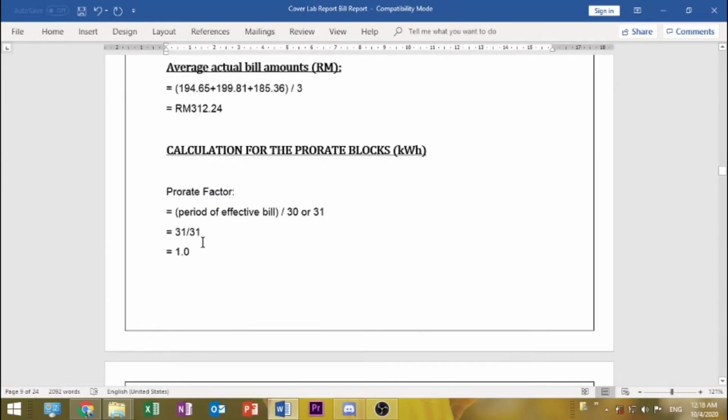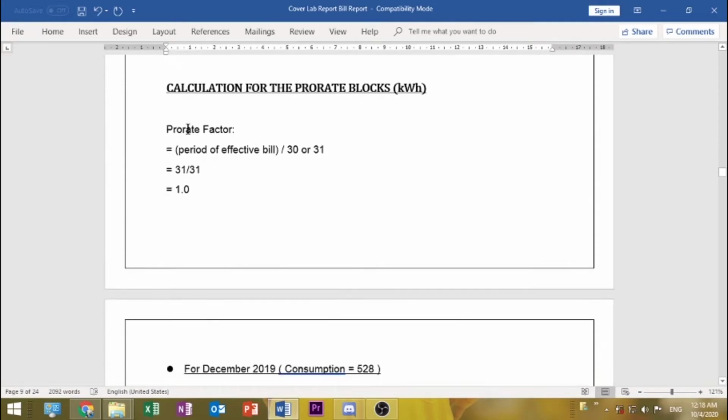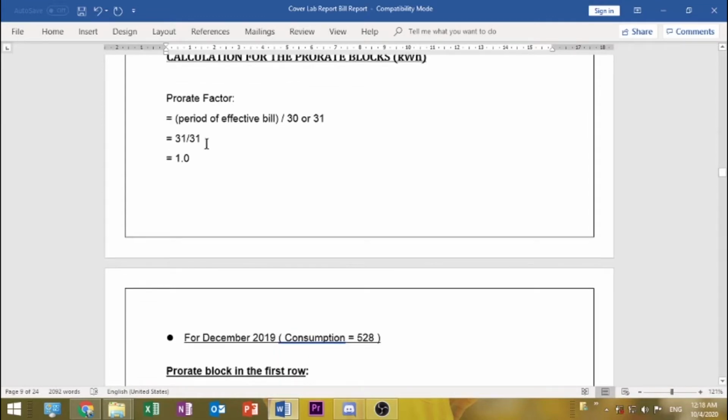For the calculation for the prorate blocks, I took into consideration the prorate factor first. I took the period of effective bill and divided it by the number of days in the month. So the prorate factor for all of the bills is the same, which is 1.